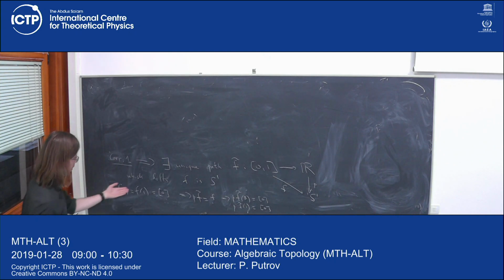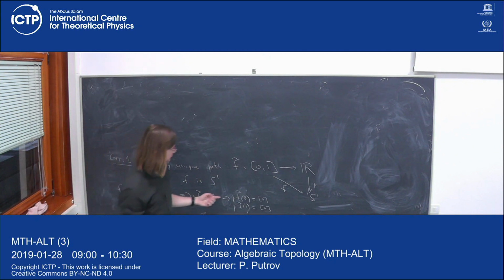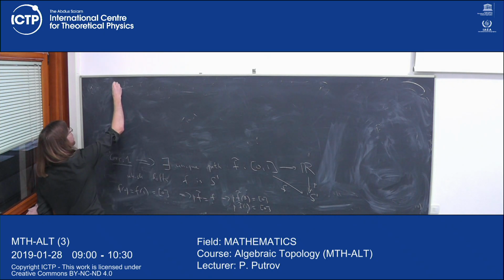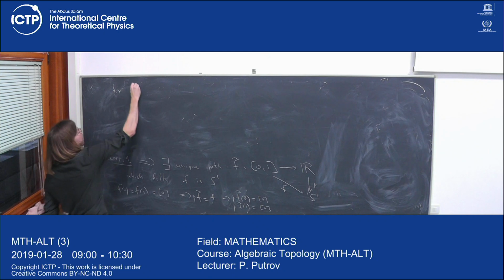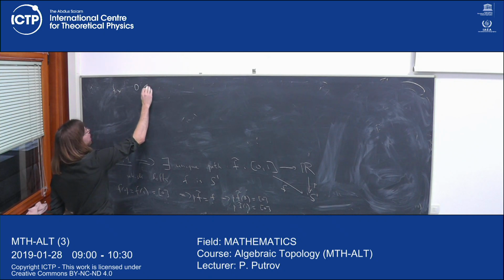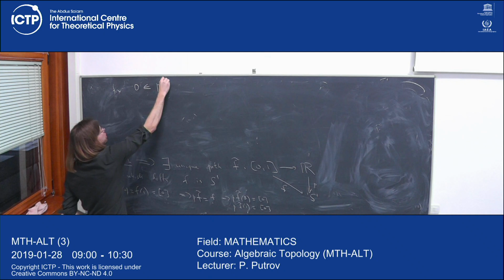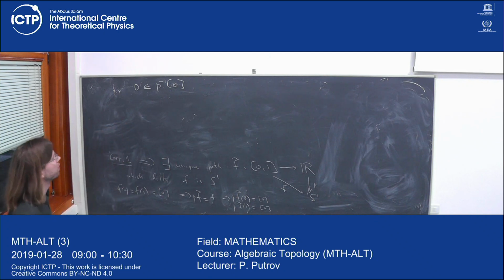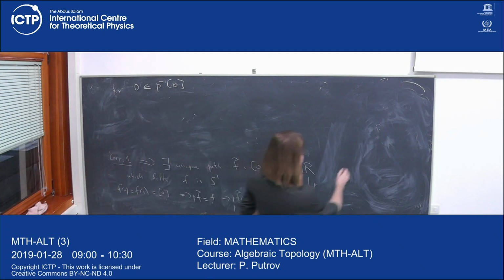So to have a unique lift, I have to first fix a lift at the beginning of the interval. So I fix 0, which is a preimage of this class 0 in the circle.